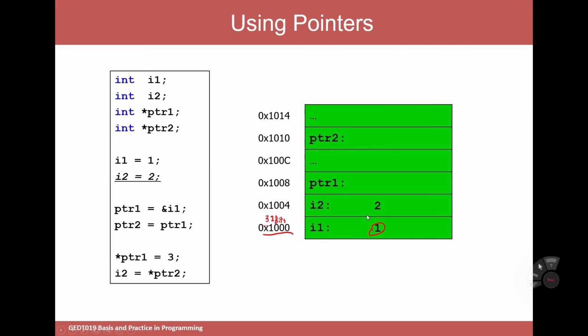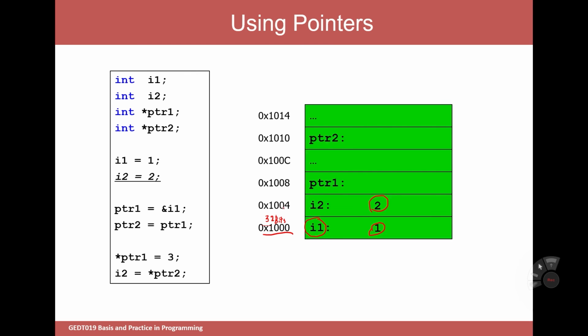Let's go next. I2 has the value 2. So here is the value 2, and the variable I2 exists after 4 bytes. So after 4 bytes, it's available in the location 1004. That means 1000, and then 1001, 1002, and 1003 are all for I1.